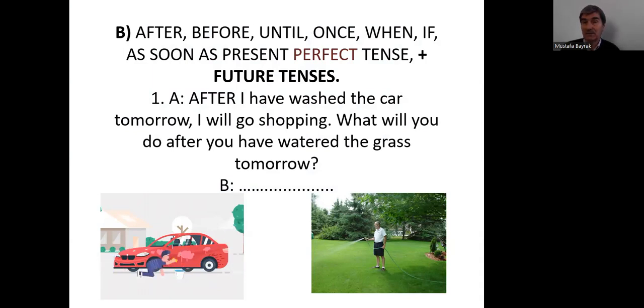After I have finished washing the car, I will go shopping. What will you do after you have watered the grass tomorrow? After I have watered the grass tomorrow, I will join a meeting. I will meet some friends. I will see some friends.